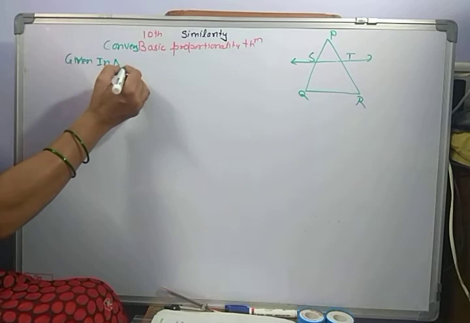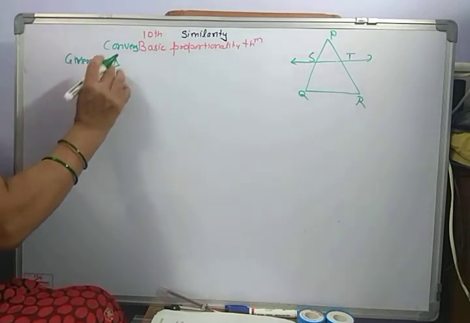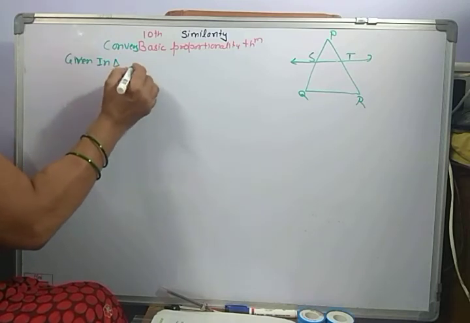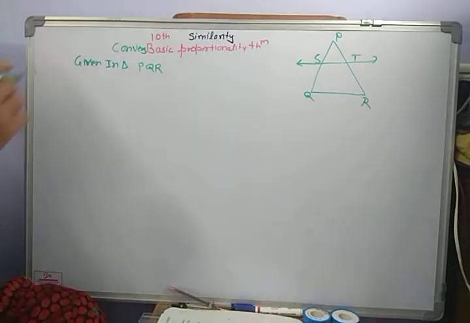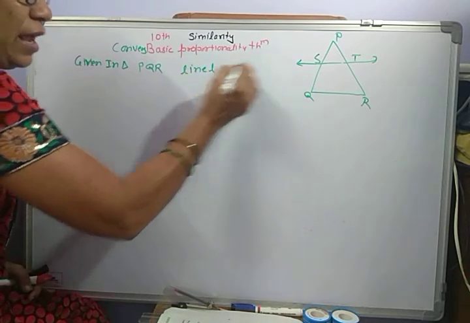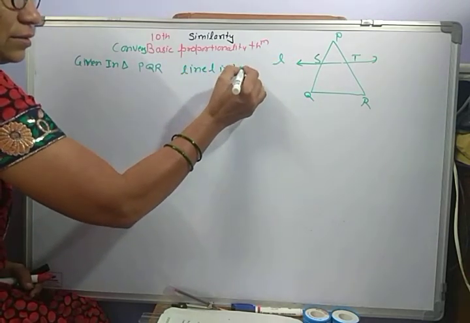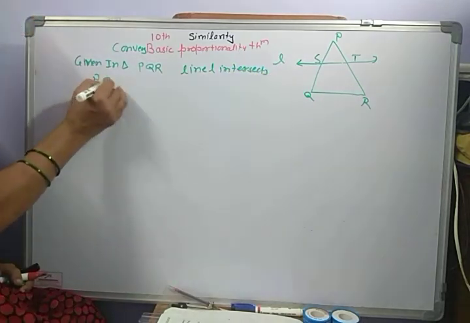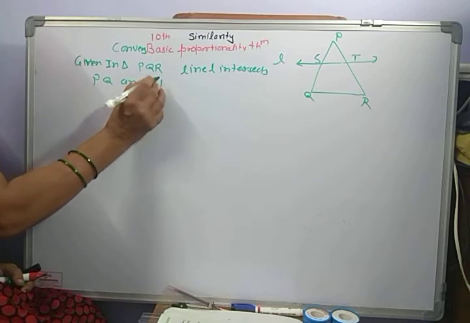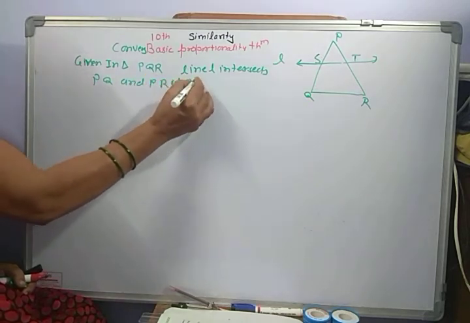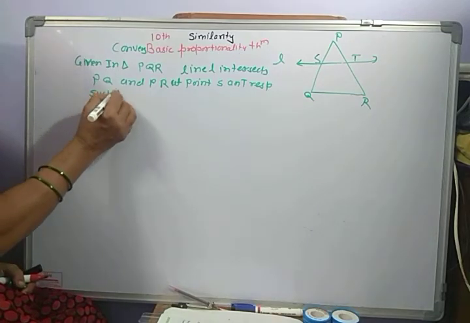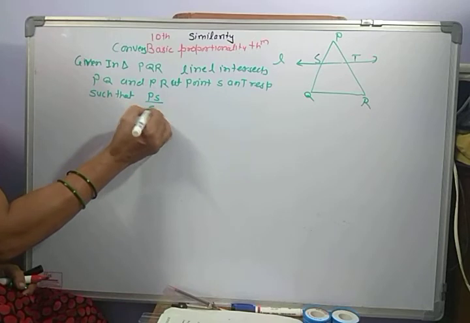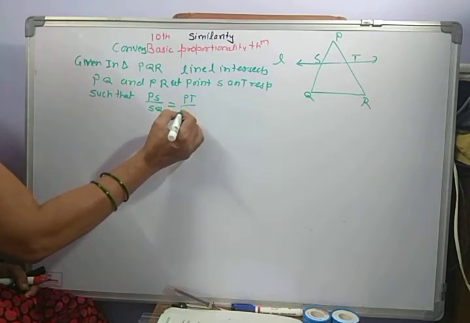In triangle PQR, line L intersects PQ and PR at points S and T respectively, such that PS upon SQ is equal to PT upon TR.